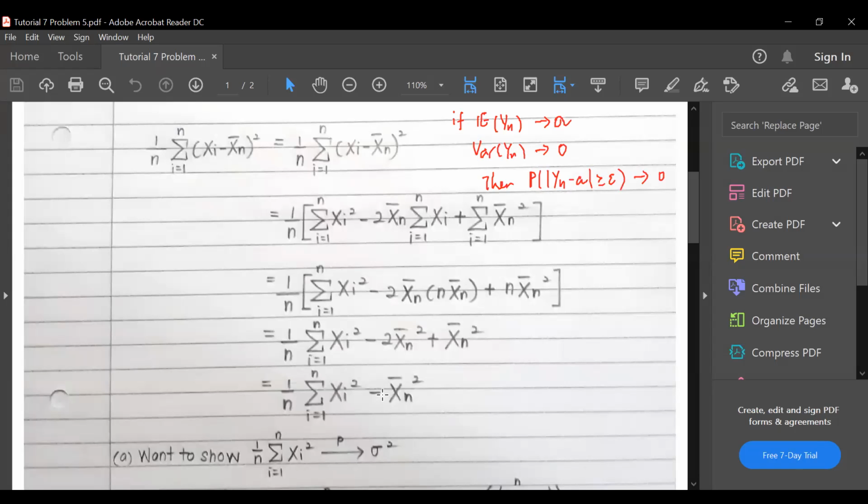So if you want to use the previous result, we show a few things. First we show the expectation of Yn. Does it converge to sigma square? So let's say this is our Yn. What is its expectation? You do something like this.